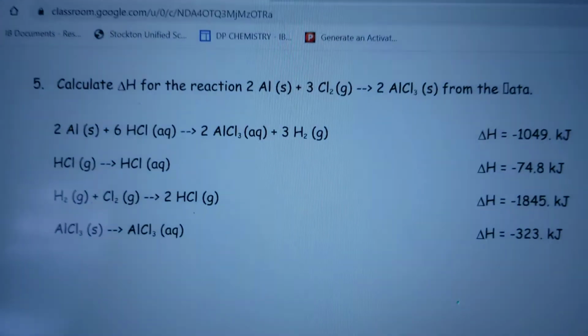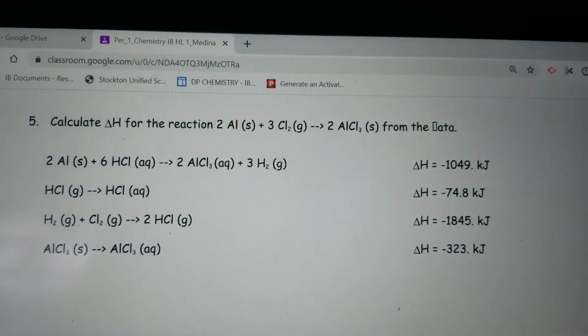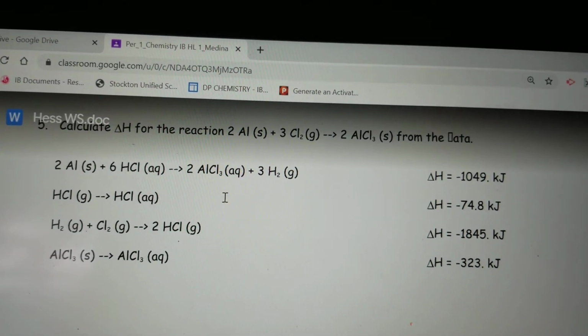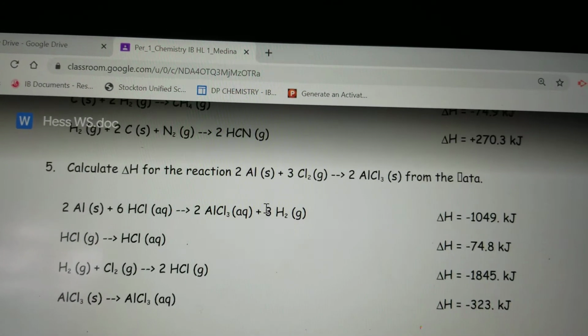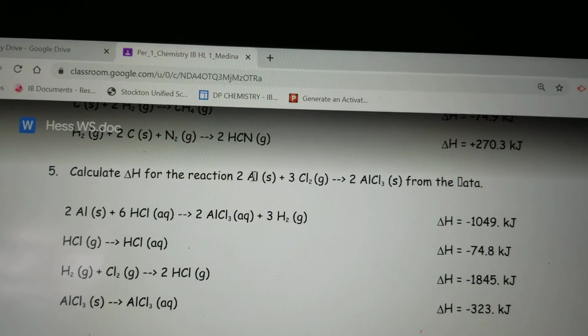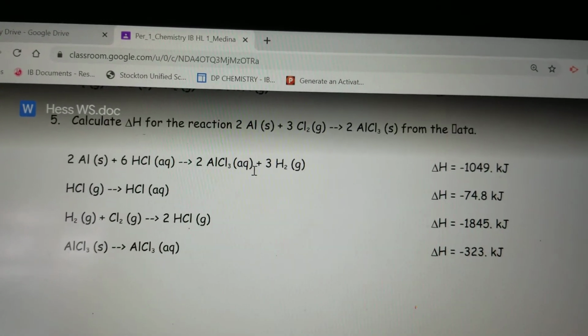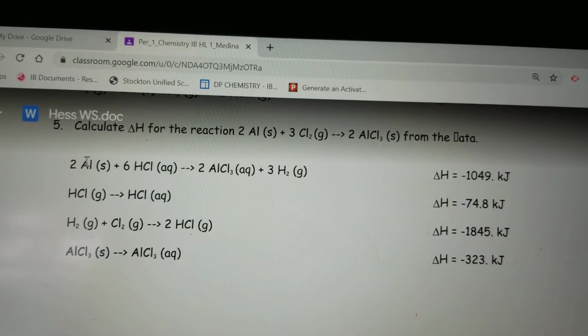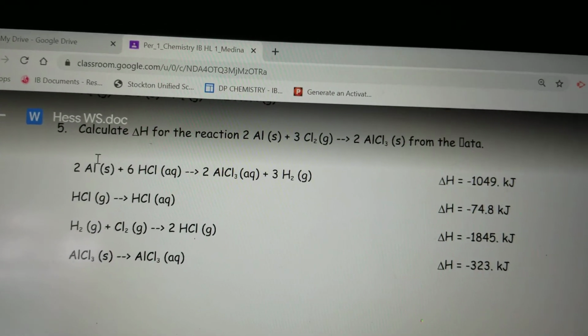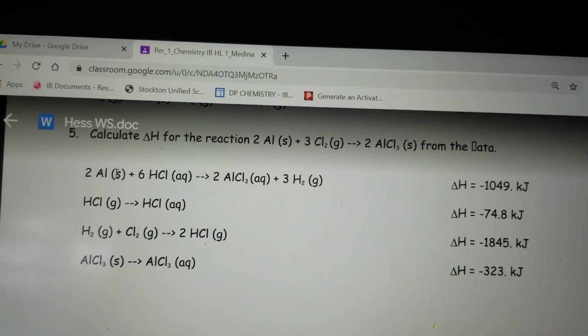Okay, so I look at the first one. What am I going to need to do to that first equation to get it to match the overall? I need 2 aluminums on the reactant side, right? This first equation has 2 aluminums on the reactant side, so this already gives me one of the pieces that I need.